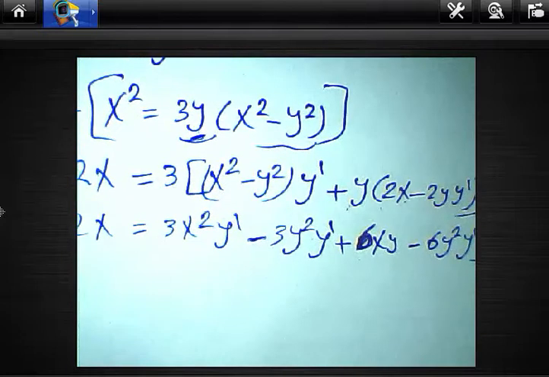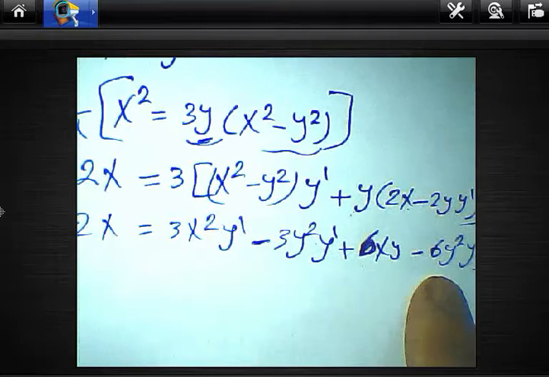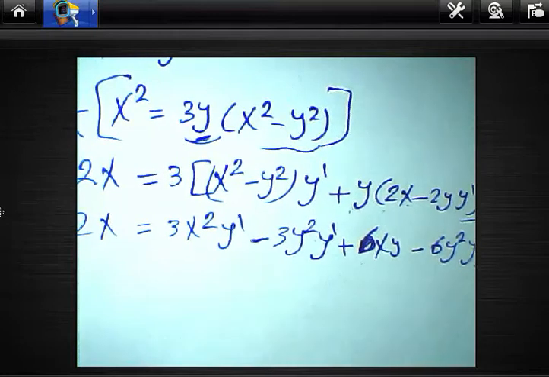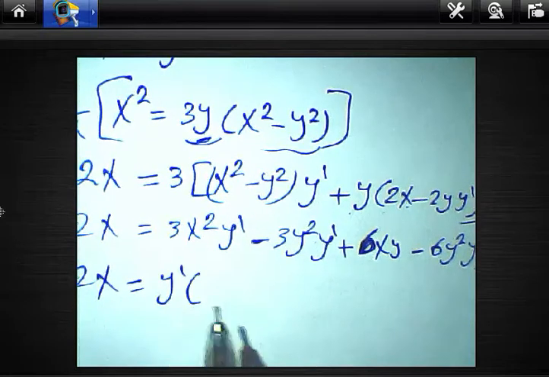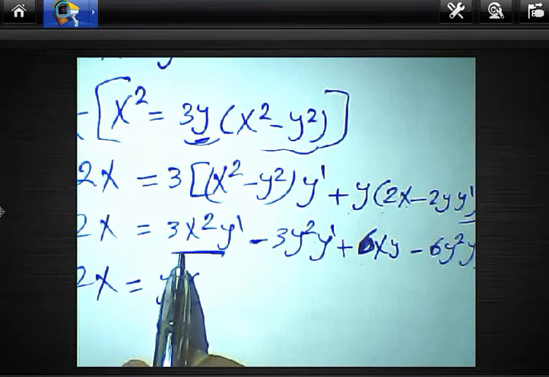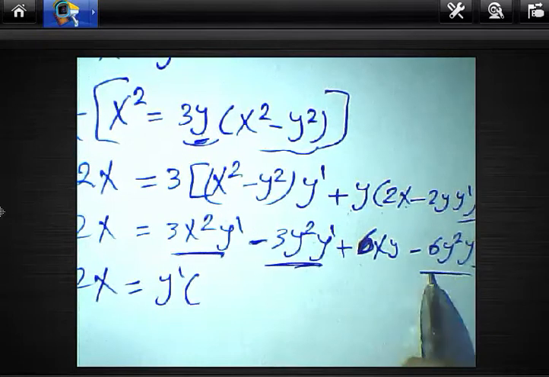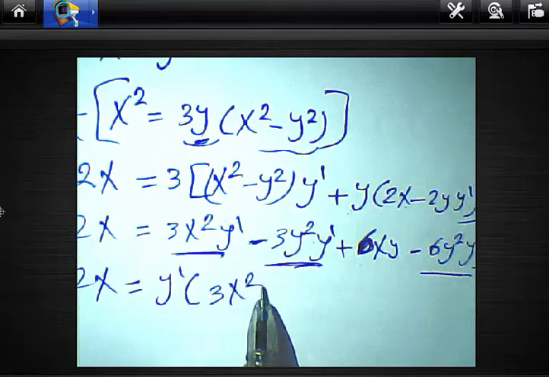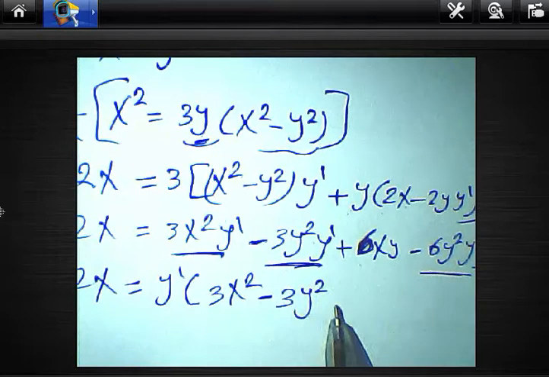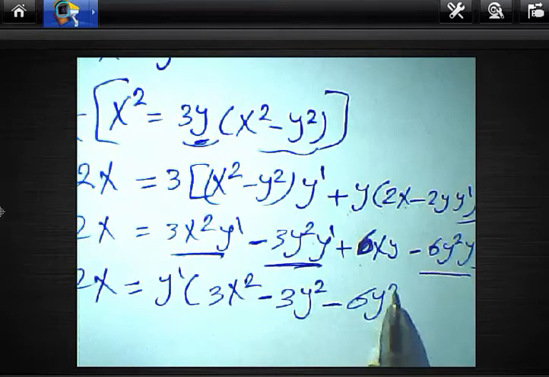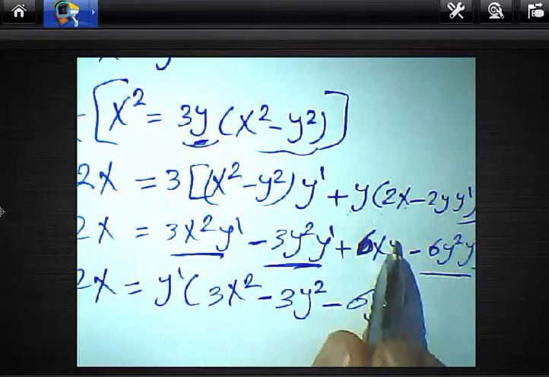I want to find y dash from 1, 2, 3. We have 3 terms, so we can write 2x equals y dash outside here of this expression. The result here is 3x squared subtract 3y squared subtract 6y squared. Okay, and we have 6xy.